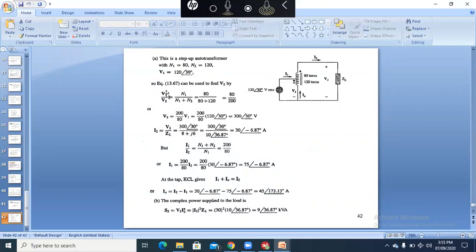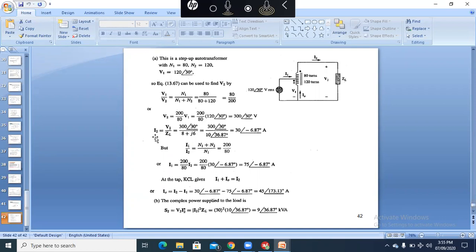So we have V1 by V2 is equal to N1 by N1 plus N2, so we get the turn ratio 80 by 200. Or we can calculate the value of V2 by substituting the value of V1. So we get the value of V2, which is 300 at the angle of 30 degrees.